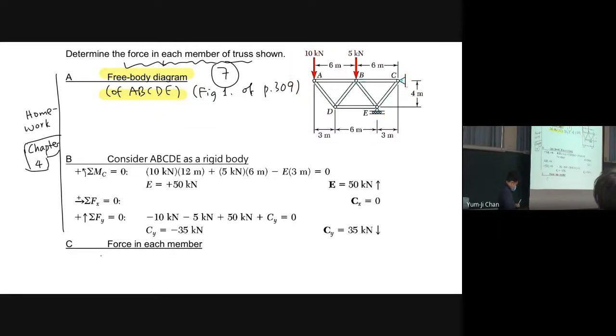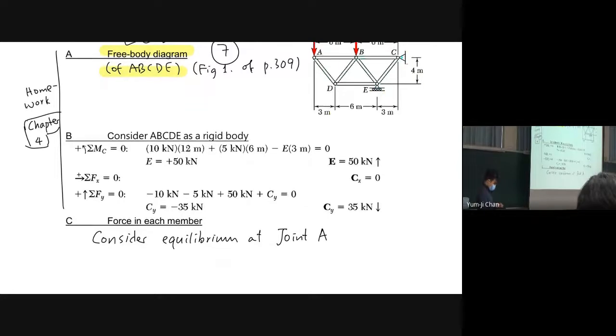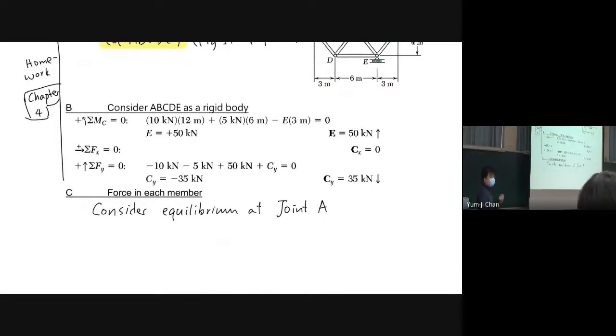So consider equilibrium at joint A. Today I will draw the free body diagram, and on Tuesday I will talk about the next steps.